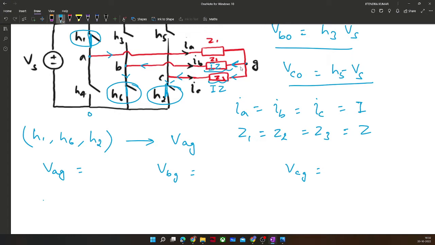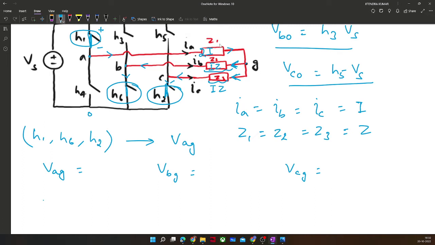So this much voltage drop should come from the A supply, since it is the positive terminal. If I current is going this side, I current is going this side, so 2I will come from the A supply or upper leg switch.